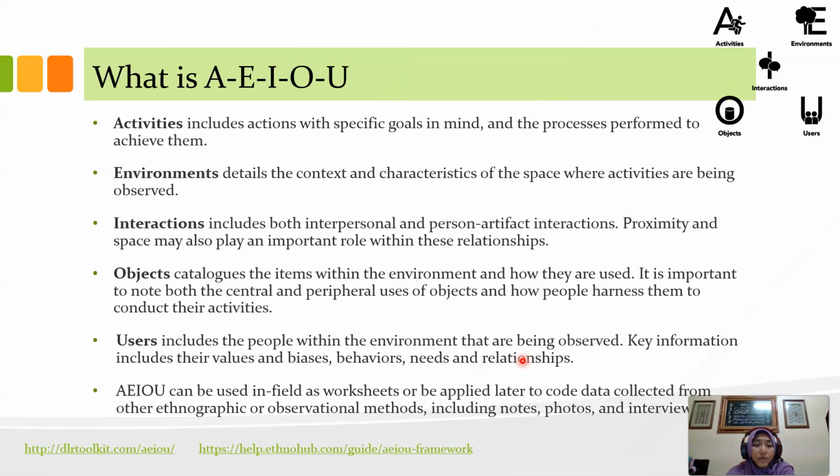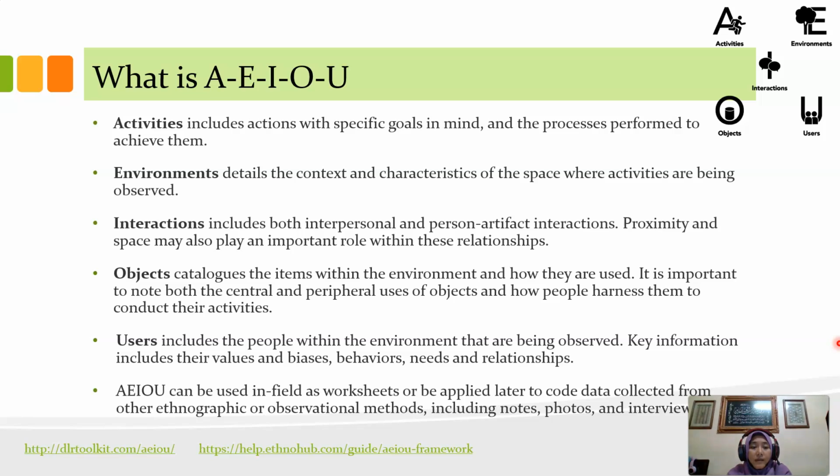So what is AEIOU? As I mentioned earlier, A stands for activities, which includes actions with specific goals in mind. What activities do you want to observe, or what process do you want to achieve? Environment details the context and the characteristics of the space where activities are being observed. So what activities you observe, and what kind of environment relates to the activities.